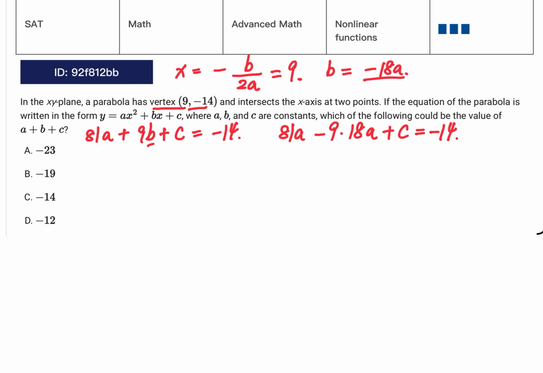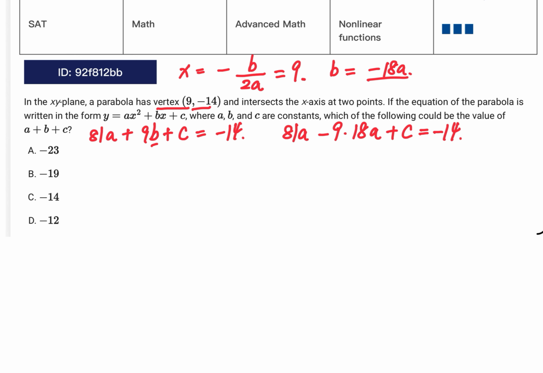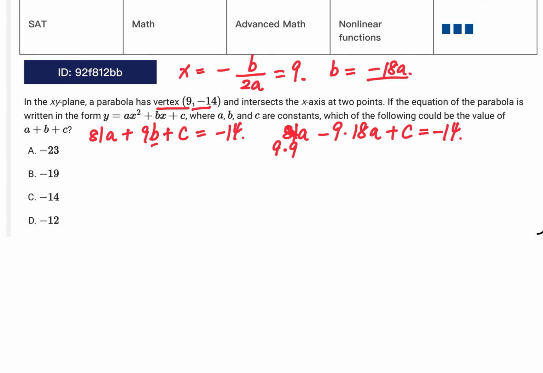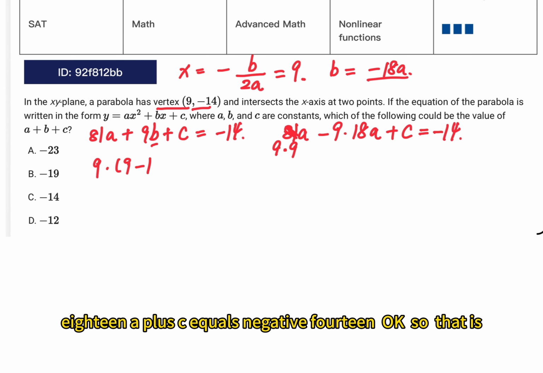Maybe if you notice this 18, 81 here can be changed into 9 times 9. So we can combine as 9 times (9 - 18)a + c = -14.